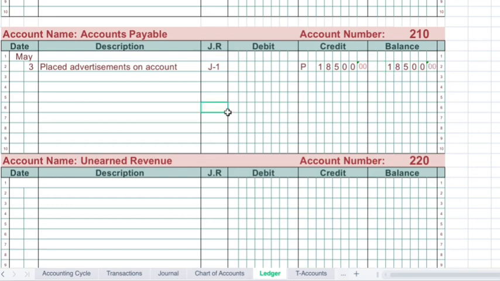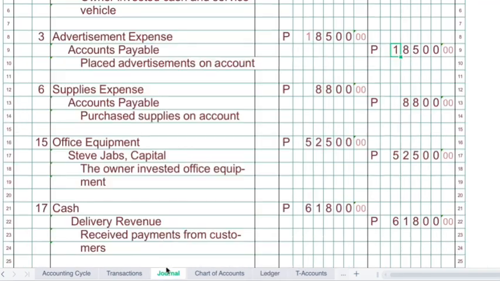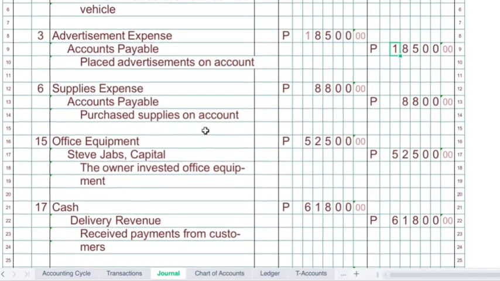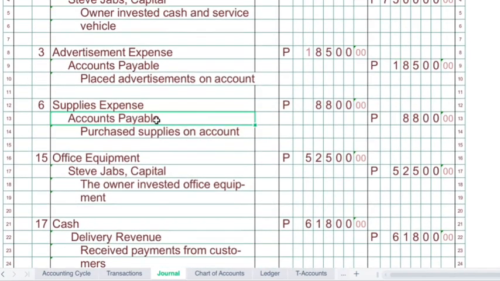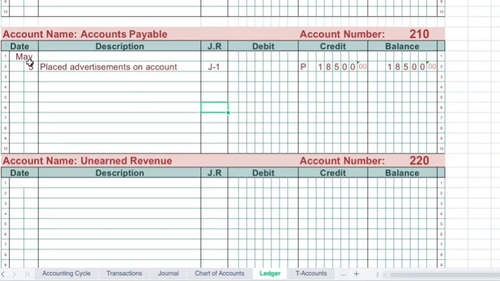Alright. Okay. Next, we have May 6 naman. So, 8,800. So, we purchase supplies on account. So, May 6, purchase supplies on account. So, that is credit, which is worth 8,800.